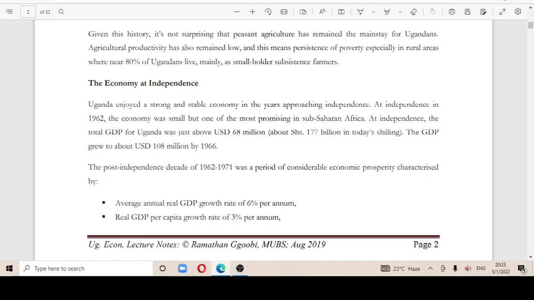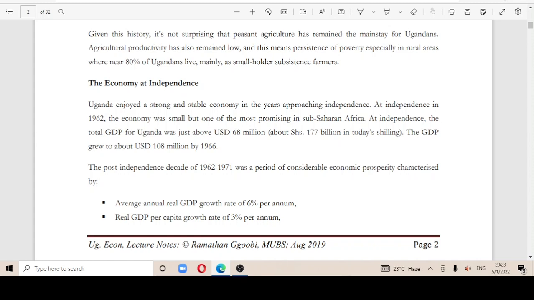So this was a period considered to be a period of economic prosperity in Uganda, and it ended around 1971, because that's when Idi Amin came in, and then he put Uganda's economy at a cost, as we are going to see later on.